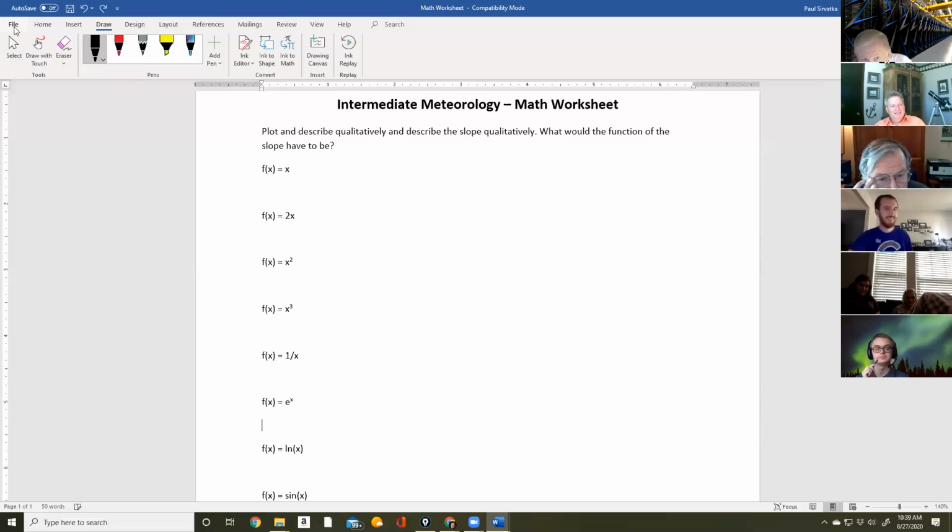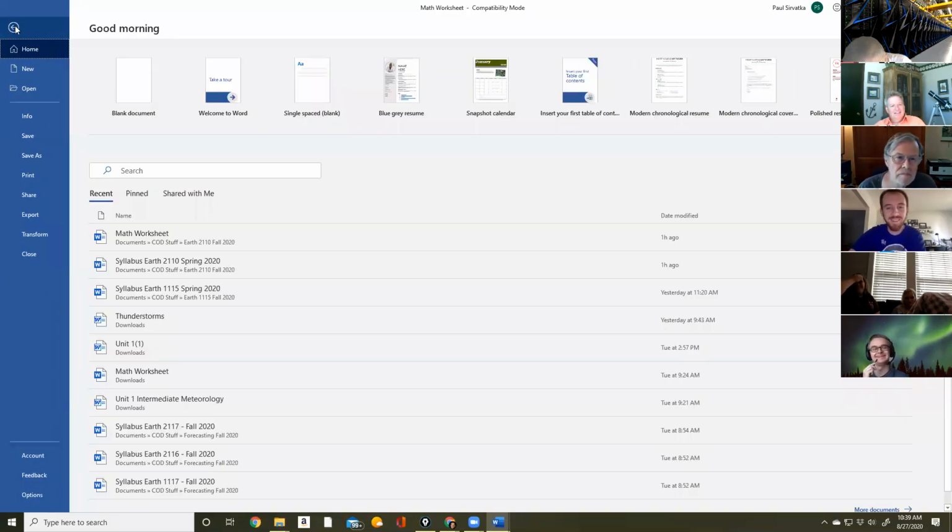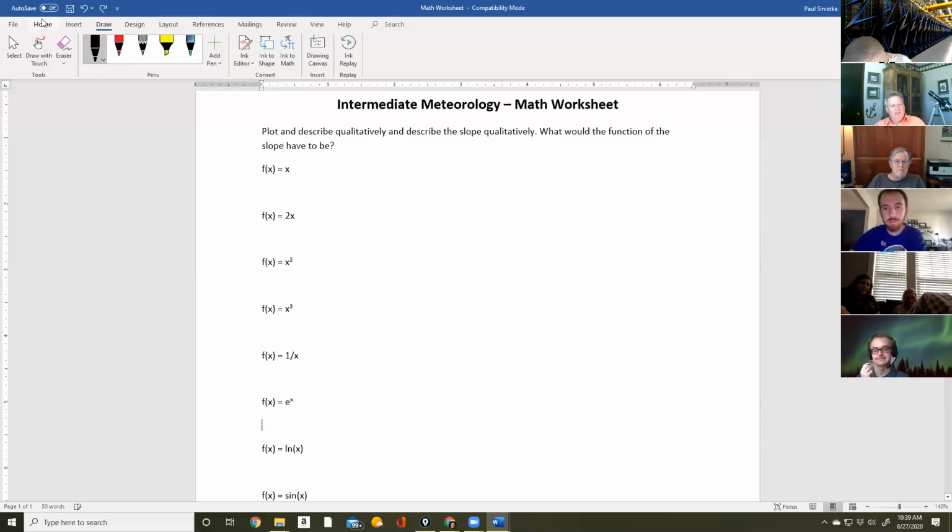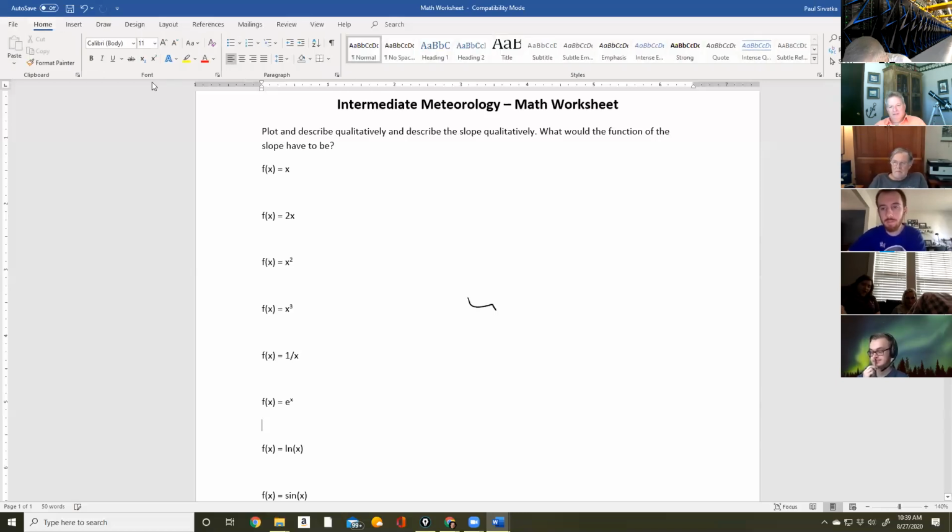I don't want to be drawing in Word. How did I get it to draw in Word? It's like one of those things where you accidentally hit a key on your keyboard that activates like 15 functions you didn't know existed.